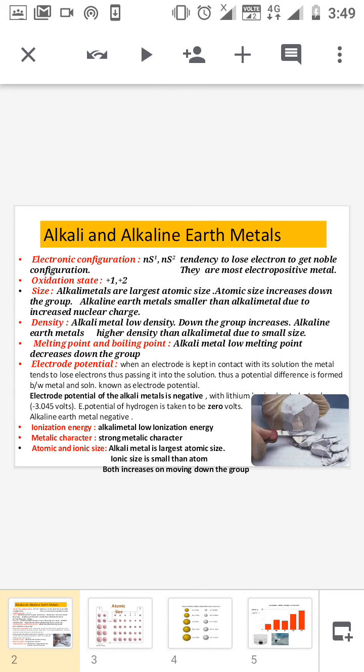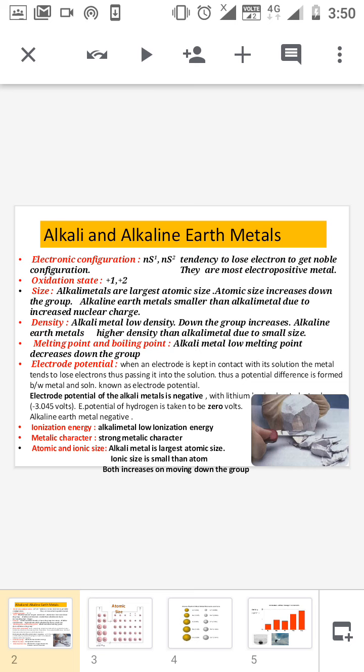because the size of the atom is very large, so the influence of the nucleus on the outermost shell is very less. So they easily lose the electron and form the common cation M+, so the oxidation state is +1. Similarly, the alkaline earth metals show the common oxidation state of +2.